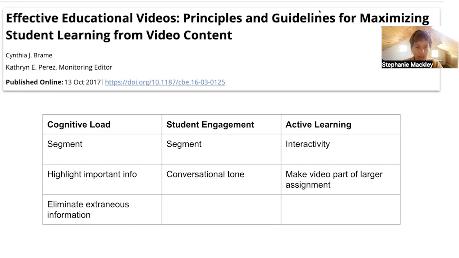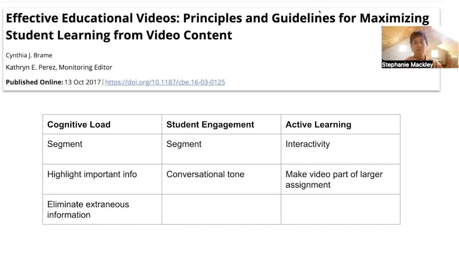In terms of student engagement, use a conversational tone, just like acting like a person because you are. I think anytime we start recording ourselves, all of us have this kind of reaction like, oh, I have to be a way that I'm not. And it's just like, no, you don't. Please don't do that if you can possibly help it. And then in terms of active learning, interactivity is really important.